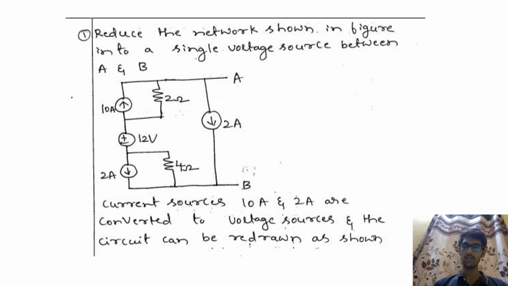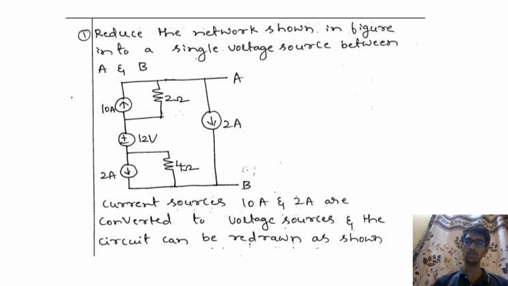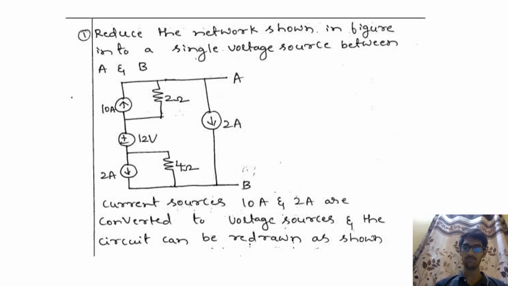When voltage sources are in series, they can be added up and reduced into a single voltage source. But when we have to reduce all the current sources to a single source, all the current sources must be in parallel connected condition. So let's move to the next step.